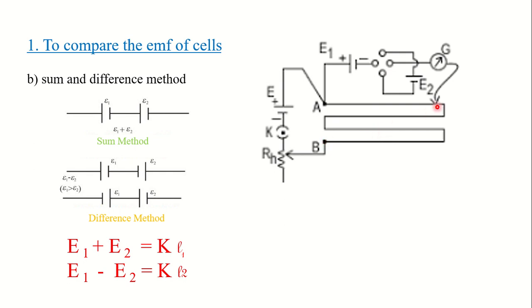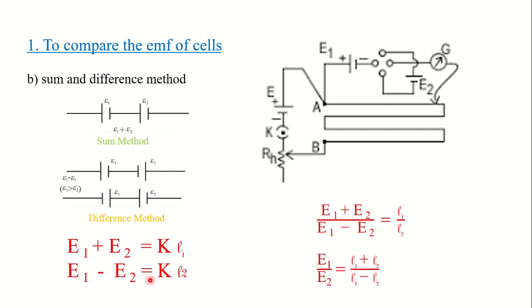Then find out the point where the galvanometer is showing zero deflection for the opposing position of the cells, and measure that length as L2. Now you can write E1 minus E2 is equal to K into L2, or it can be E1 minus E2 is proportional to L2.